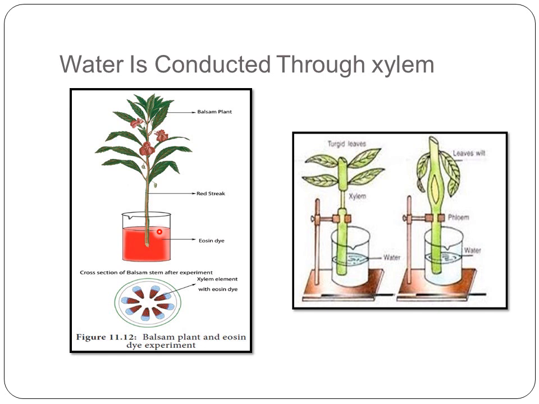We will take out the plant after 3-4 hours and cut out a transverse section of the stem. As it is passing through the roots as well as the stem, we can cut out any part of the root or the stem with the help of a sharp razor or a blade.